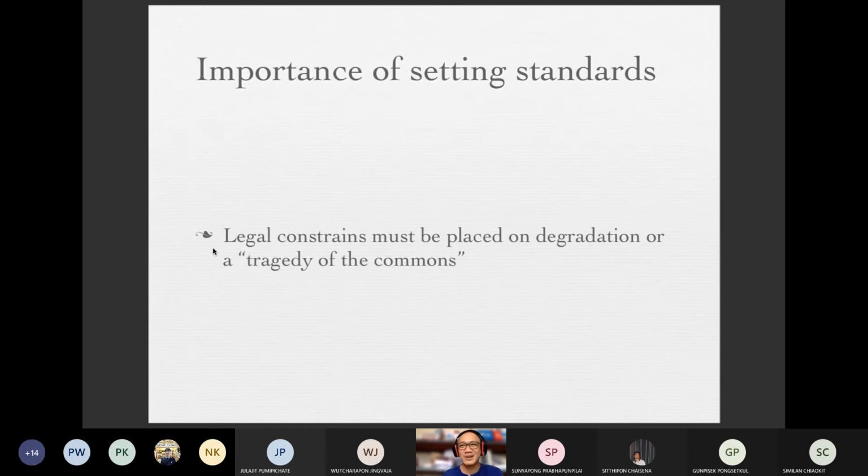Everything is kept in well-maintained condition. If the faucet gets blocked, you try to repair it. If there's a leak, you try to fix it, because if you don't, a lot of water is lost and you have to pay.